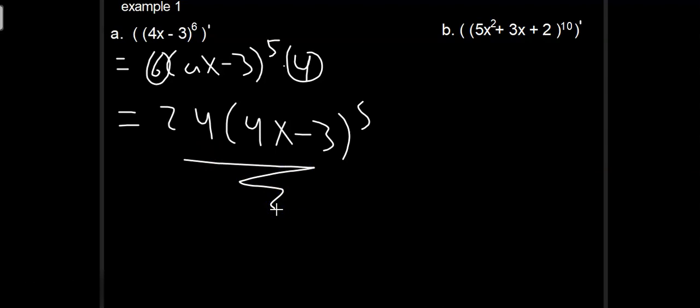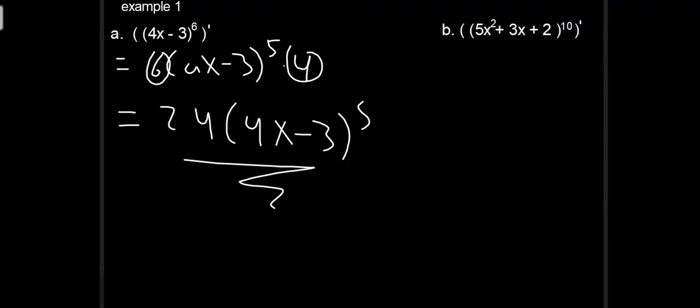When you come to the next one, B, I want you to stop the video and try the second one since you have some understanding. All you have to do is differentiate the thing that's on the outside and then work it all the way to the inside. So I want to differentiate the thing on the outside, or this power.